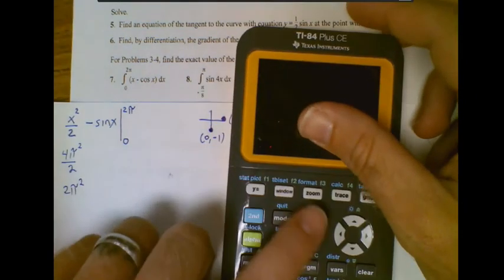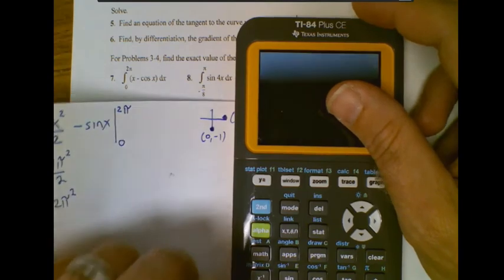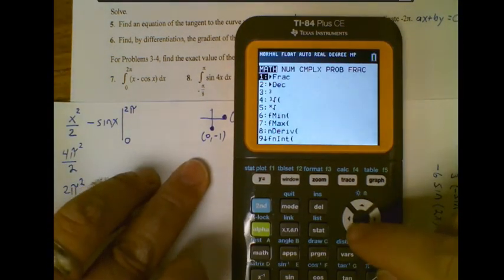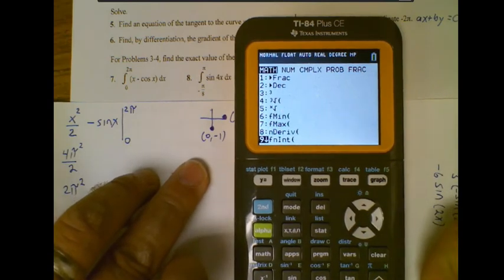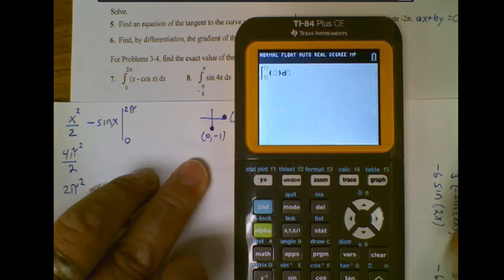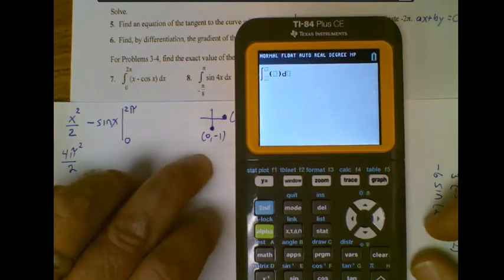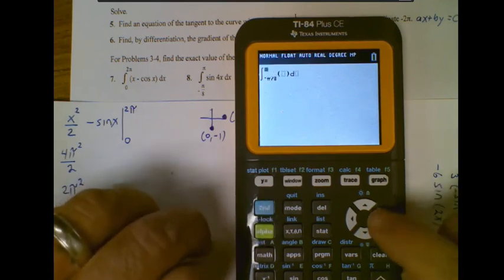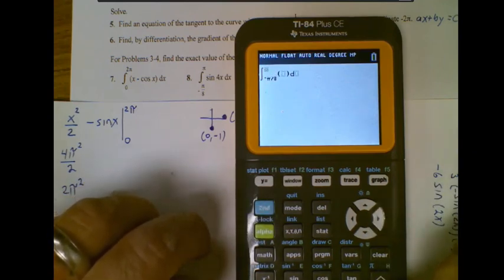So let me just show you in case you aren't familiar with how to do these. Under math, go down to the one that says function integral. I'm going to that one right there, and you just plug in the stuff. I can plug in negative pi over 8 for the lower limit. Up at the top, I'm plugging in pi.